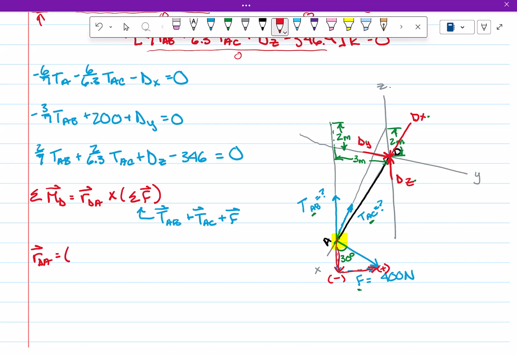The X component of D, of course, it's 0. The Y component of A is 0. The Y component of D is 0. Similarly, if we look at our Z component, the Z component of A is 0, and the Z component of D is 0. So our position vector, which makes this super, super simple, is just 6i.